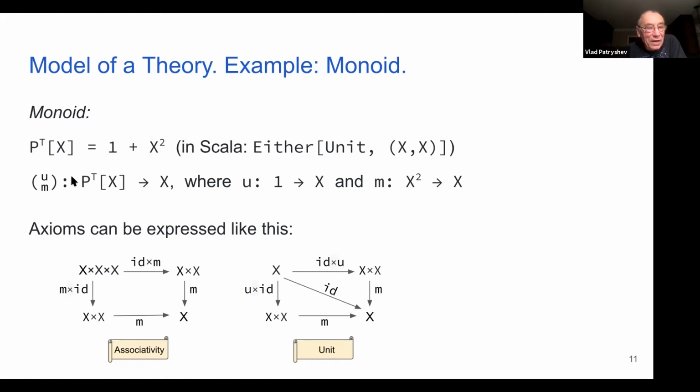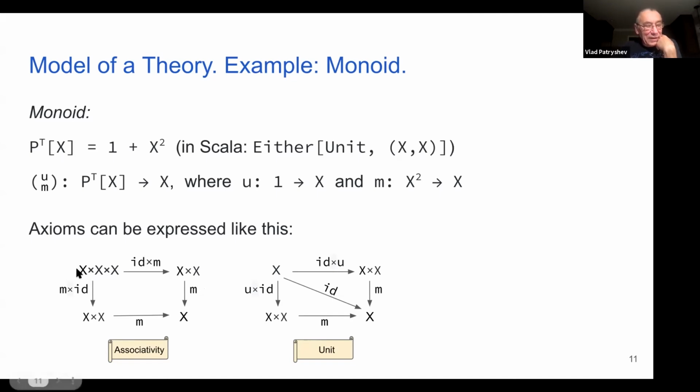We'll need an operation from P of x to x, which consists of two components, u, defined on 1, and m, defined on x squared. We denote it like this, as if we are dealing with matrices. And we will need axioms, the associativity axiom and the unit axiom.